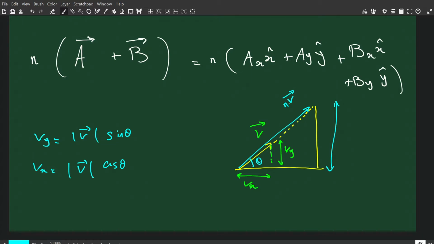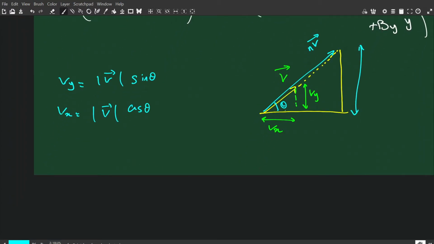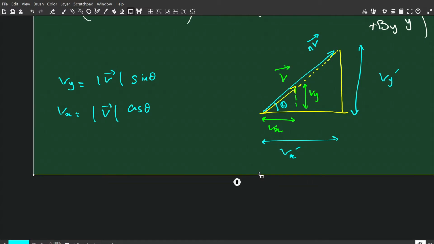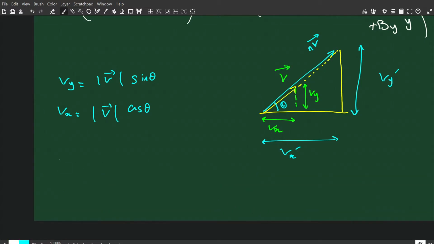And this one, for nv, it's vy prime and it's vx prime. Vy prime is magnitude of nv times sine of theta. And as I said, the magnitude of nv is n times the magnitude of v.